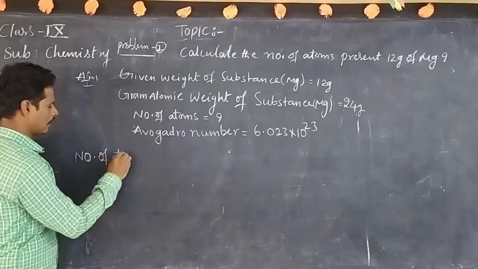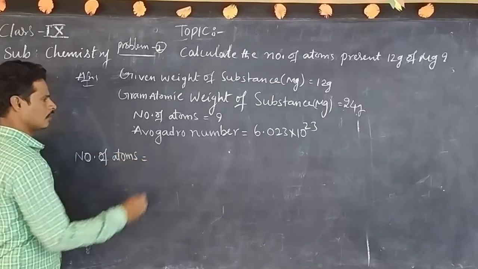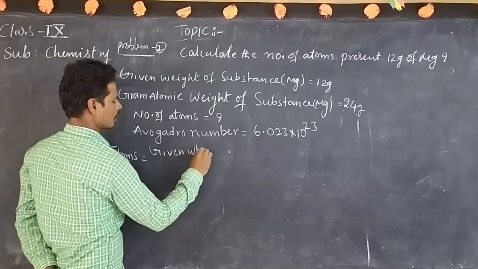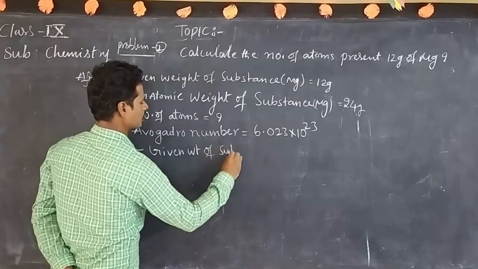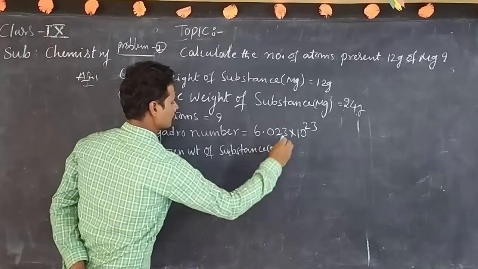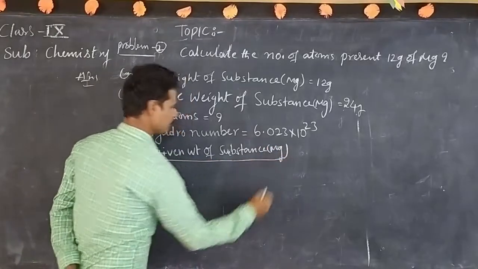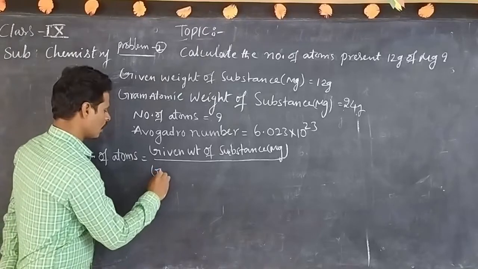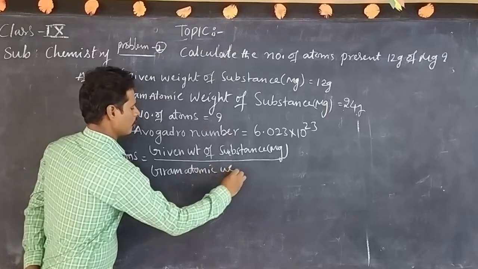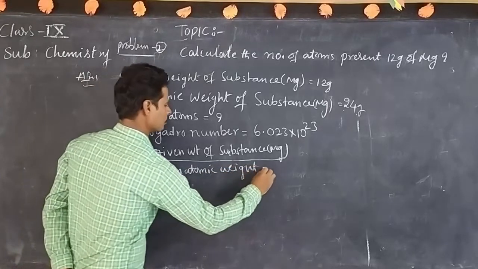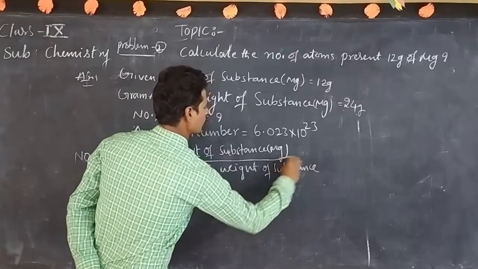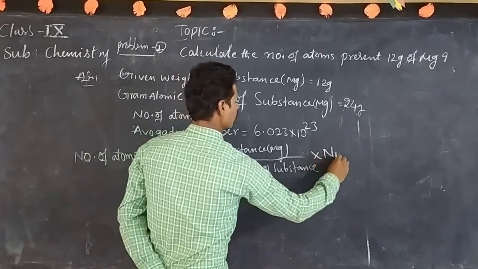Number of atoms equal to given weight of substance magnesium by gram atomic weight of substance into Avogadro number.